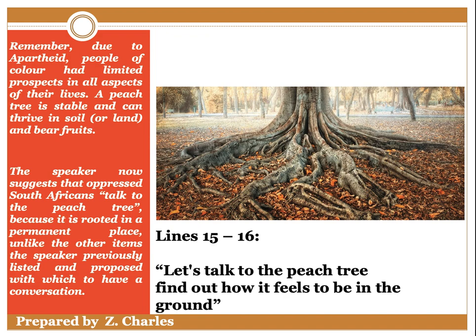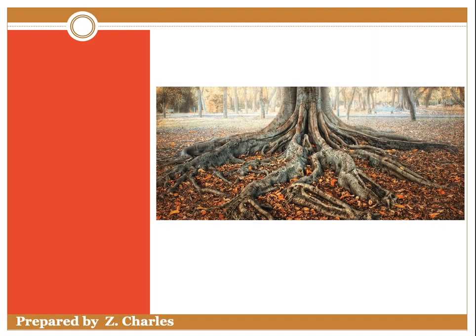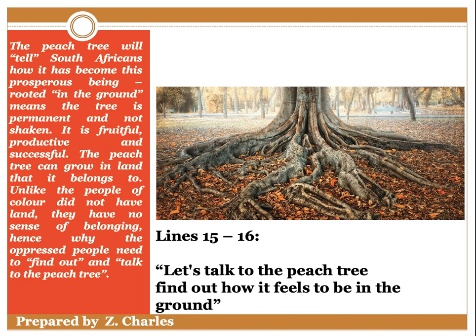Look at lines 1 to 6, and then I believe it's 11 to 14. Look at those instructions and things that the speaker said that we must talk to. But now, talking to a peach tree is a different thing. So, the peach tree will tell South Africans how it has become this prosperous, being rooted in the ground.